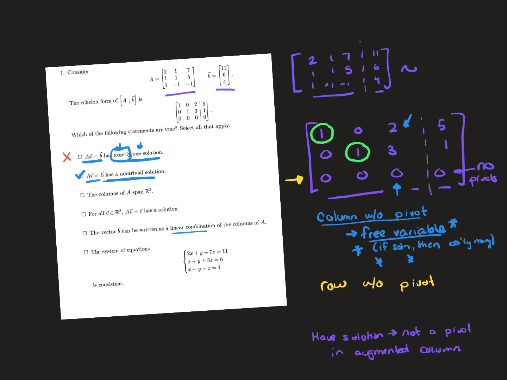The next thing that we have here is that the columns of A span R3. For this one, it's important to remember what it means for the columns of A to span R3.